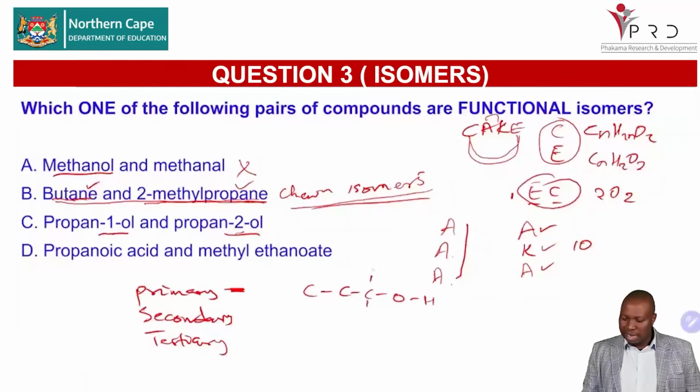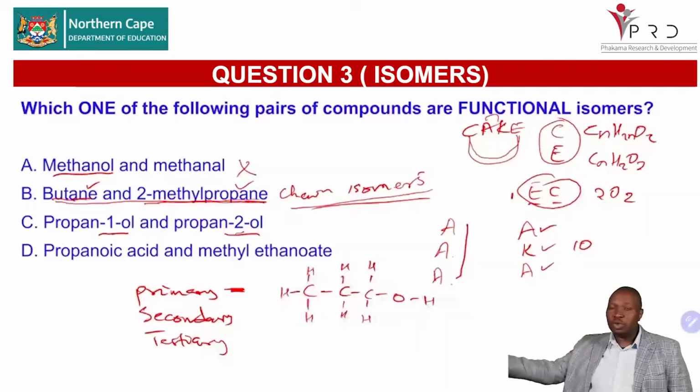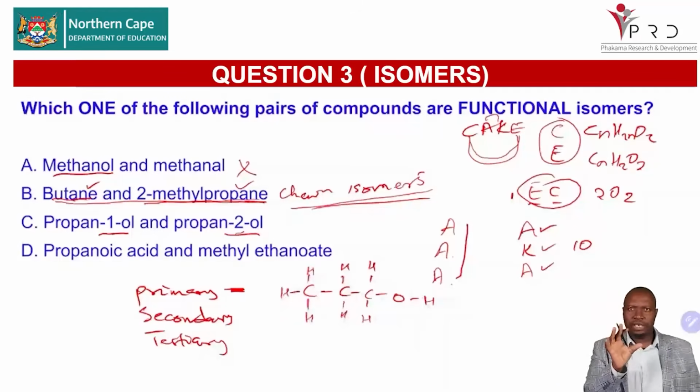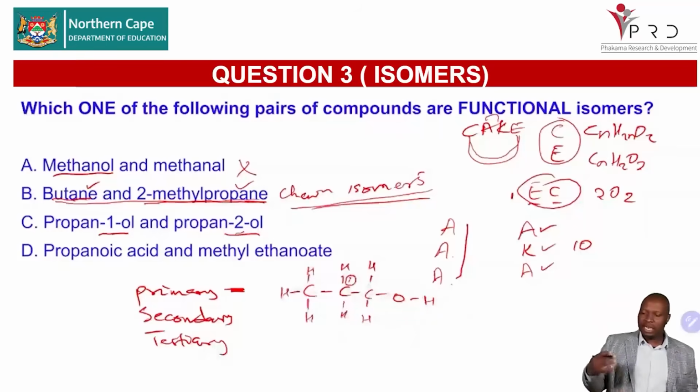The carbon that is bonded to the OH, remember, OH is not the functional group. The functional group is carbon bonded to the OH. So be careful of your language there. I'm saying the carbon that is bonded to the OH is bonded to one other carbon. That is a primary alcohol.